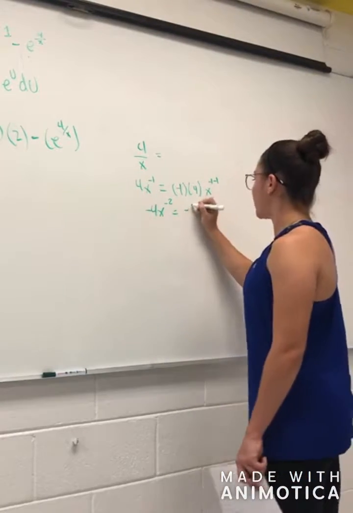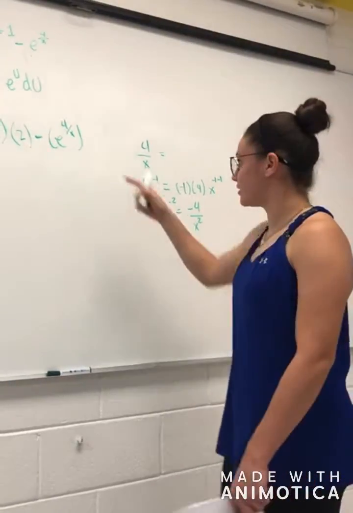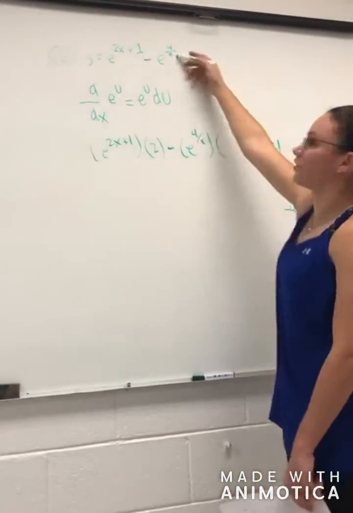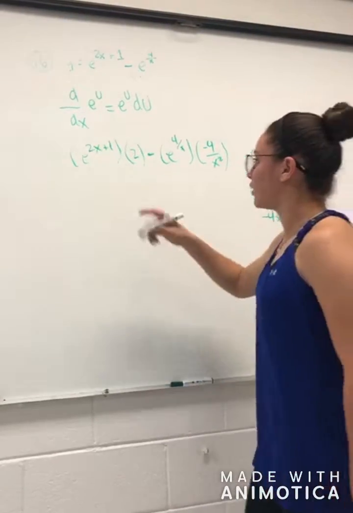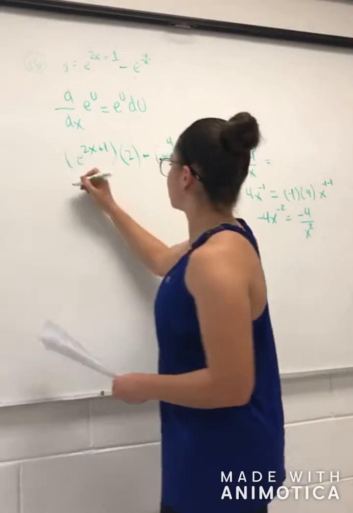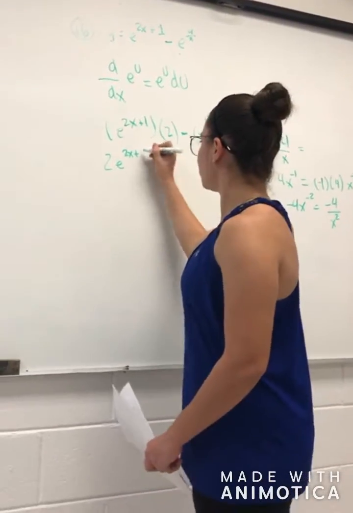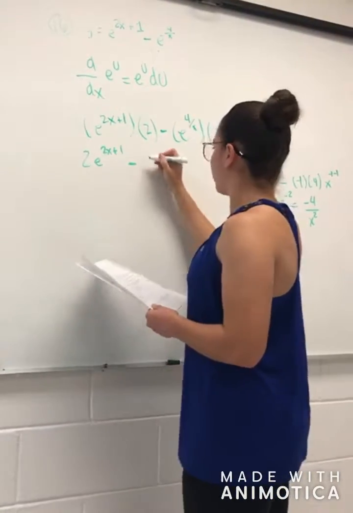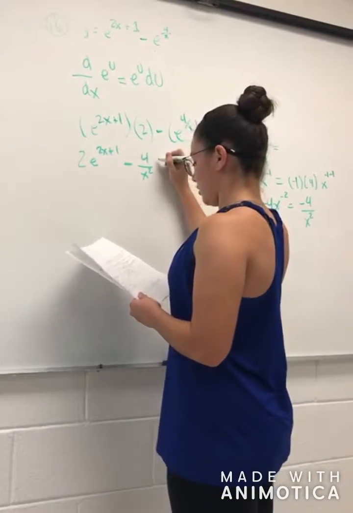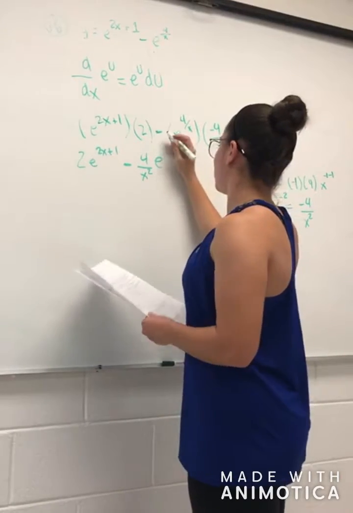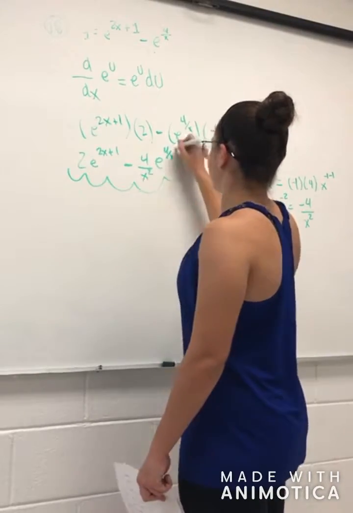That is minus 4 over x to the power of 2. This is the derivative of the u of this part. The next step, we need to multiply. That is 2e to the power of 2x plus 1 minus 4 over x to the power of 2 multiplied by e to the power of 4 over x, and this is the result.